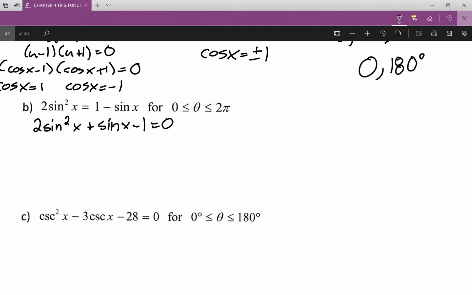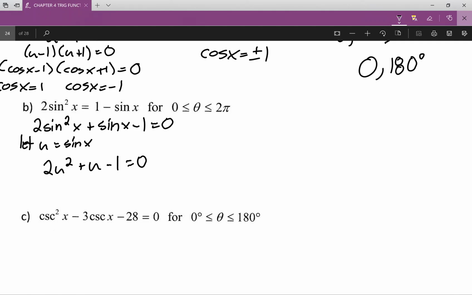Now, some people may be able to handle this with the sine x in there. Other people may want to make the substitution. I let u equal sine x, and I get 2u squared plus u minus 1 equals 0.